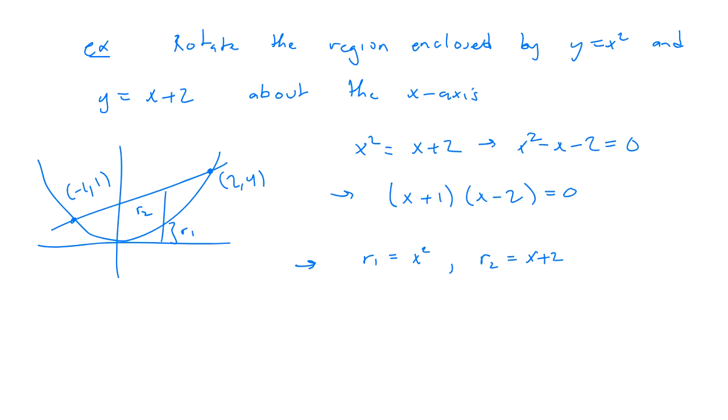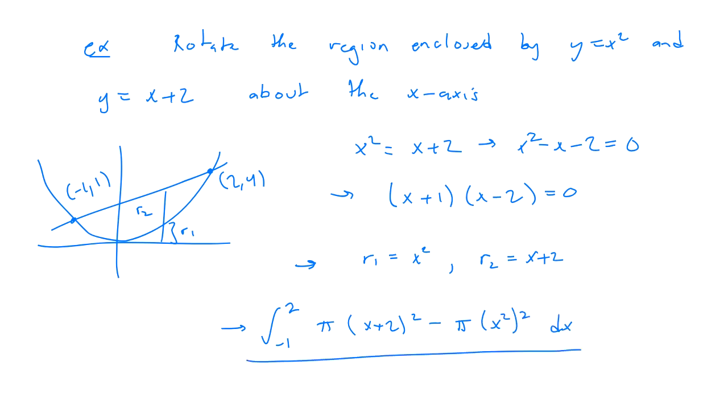The bigger function is x plus 2. And that is true from -1 to 2. And again, we use our basic formula, pi r squared. So the fact that the limits go from negative doesn't really matter.